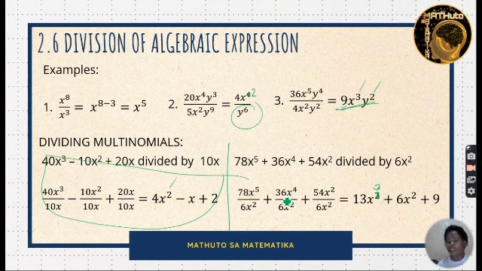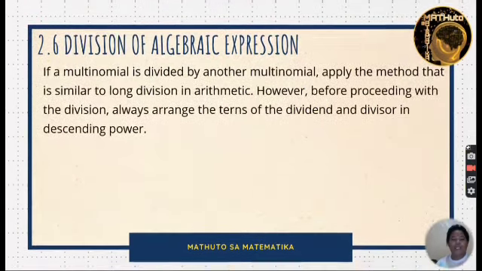So, 36 divided by 6 is 6. And x to the 4th divided by x squared. So, 4 minus 2 is 2. And since x squared divided by x squared is equal to 1, 54 divided by 6 is 9. So, that's it. Let's take note of our variables. Okay? Let's proceed.